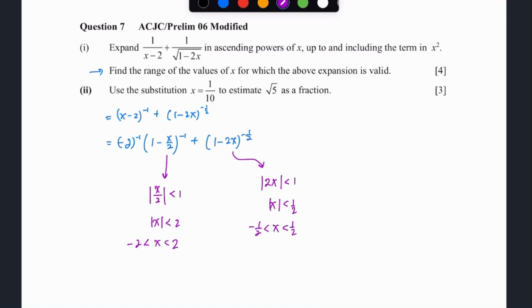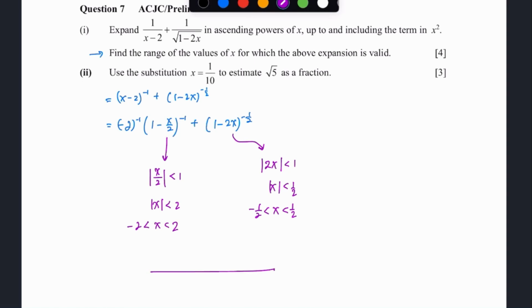So the full concept is we need to draw a number line. We will put in these inequalities over here. This is the full picture. This one would be for this, then for this one over here, I'm going to put somewhere like this.